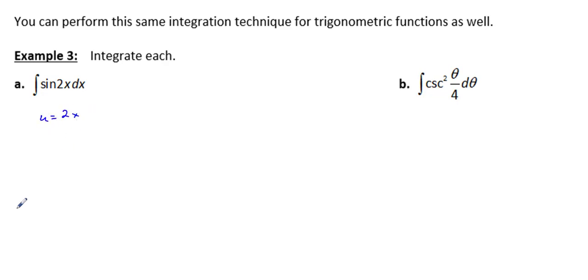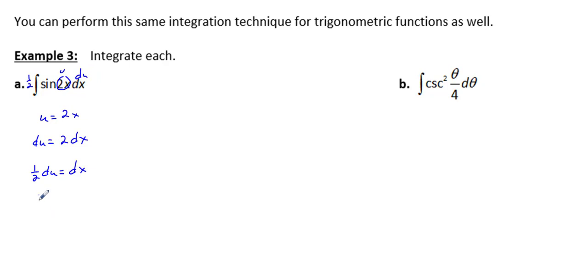2x, right? What's du then? 2dx. Do we have a problem here? Yeah, divided by 2, so 1/2 du equals dx. Okay, this is now u, this is now du, and we'll have a 1/2 out in front, right?